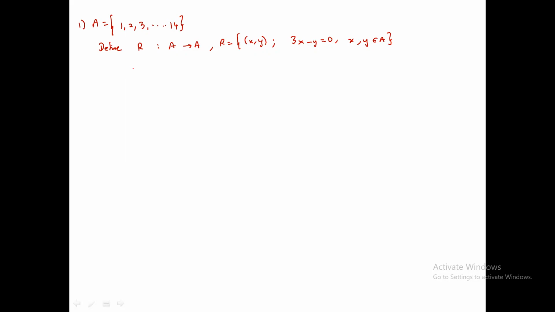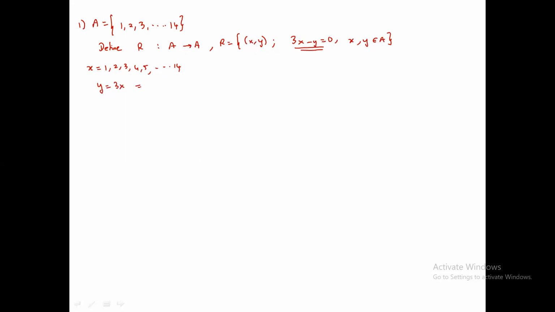So first of all, you will take x from A. That means x you will take 1, 2, 3, 4, 5 until 14. And then y. From this relation, y will be equal to 3x.